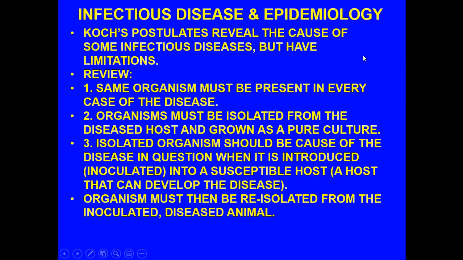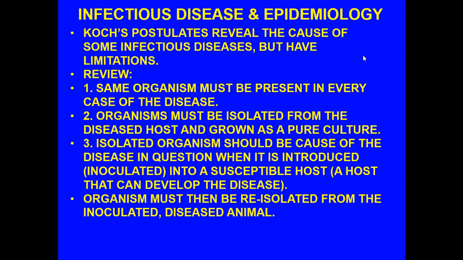Now, we have to go back to this concept that we dealt with at the early part of the course, Koch's postulates. Robert Koch came up with this concept that reveals a cause and effect, the cause of some infectious diseases. If you remember, the same organism must be present in every case of the disease.